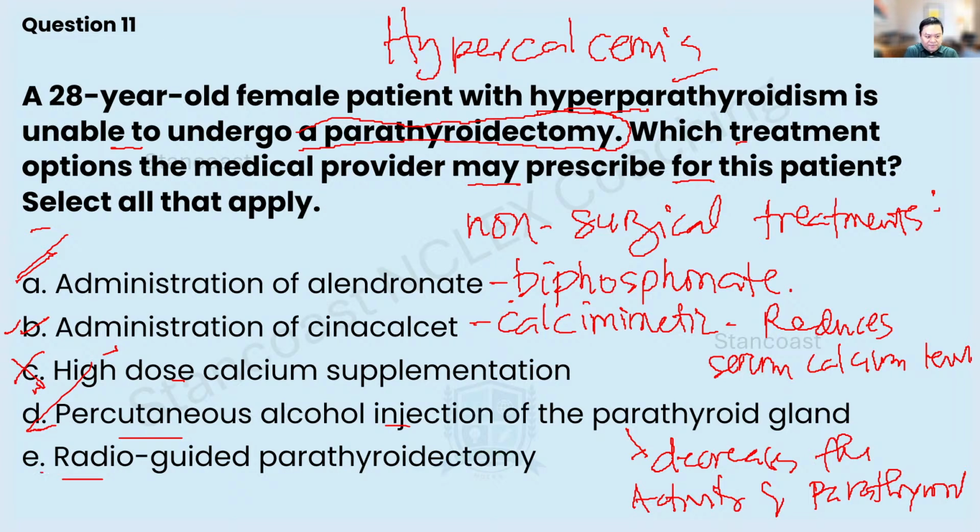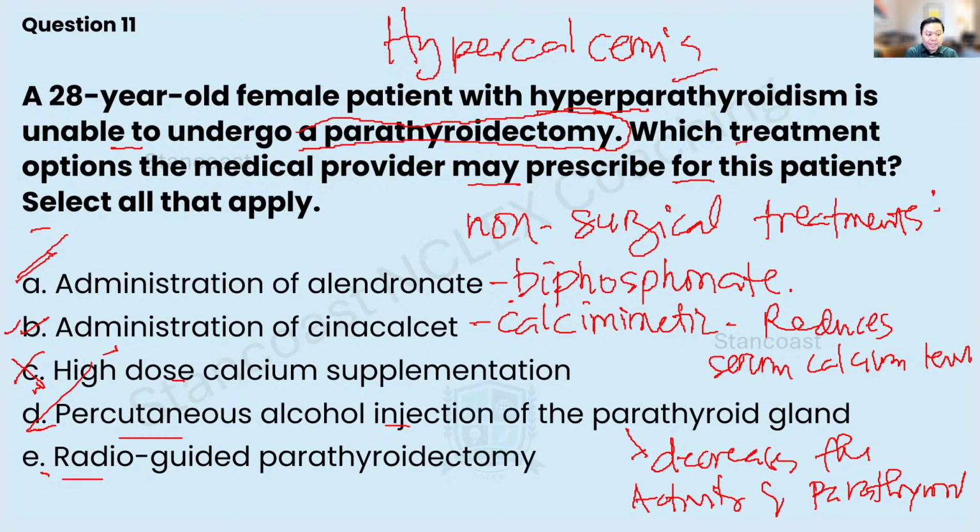If you answered letter E, radio-guided parathyroidectomy, this is an incorrect option. This is a surgical procedure. And again, our patient is not fit to undergo this kind of procedure. So this will not be an applicable treatment option for them.